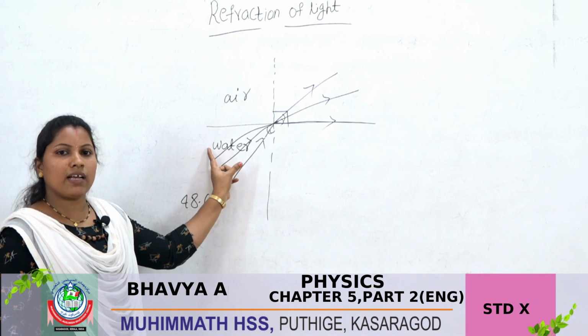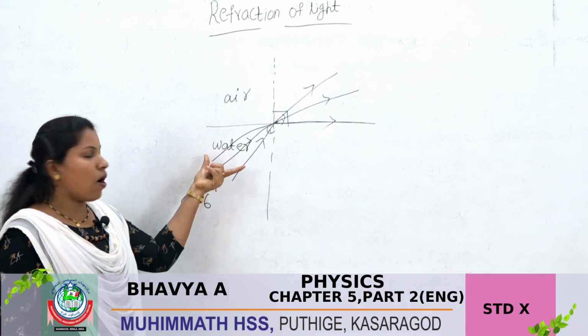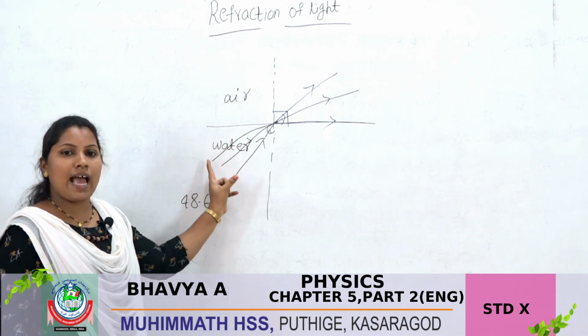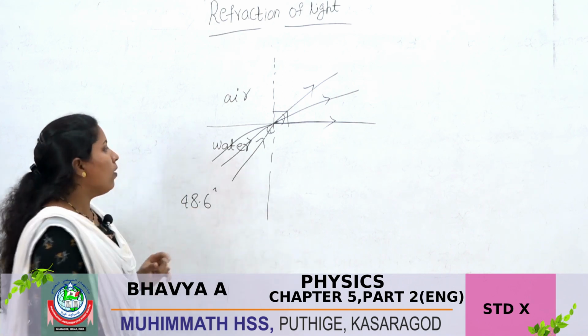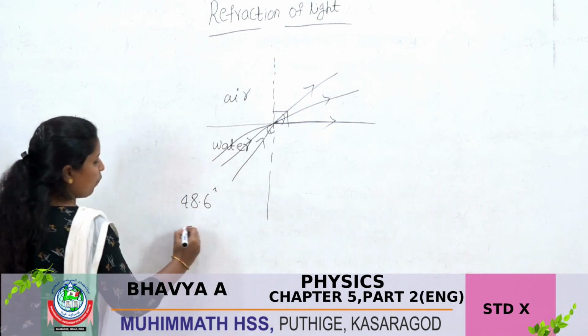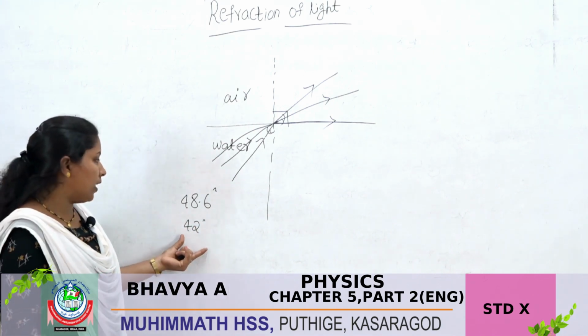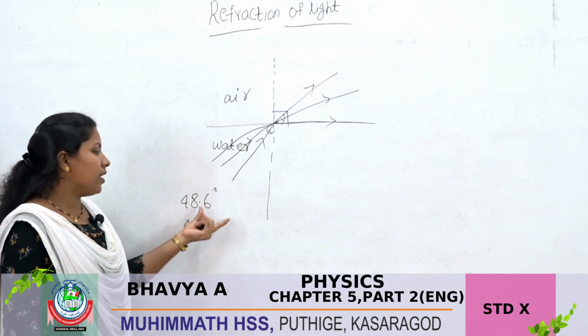The critical angle of different media is different. Why? Because the optical density of different media is different, so the critical angle is also different. The critical angle of glass is 42 degrees. The critical angle of water is 48.6 degrees.